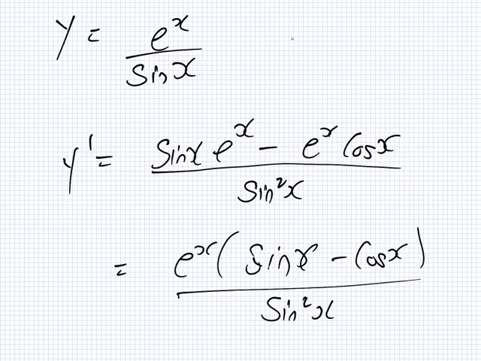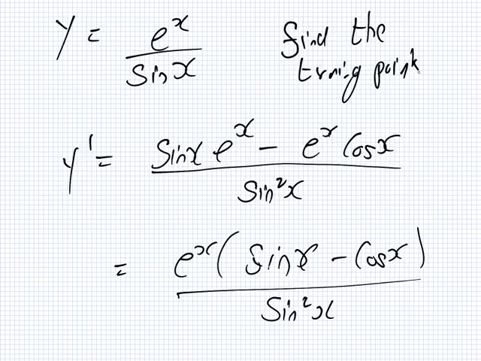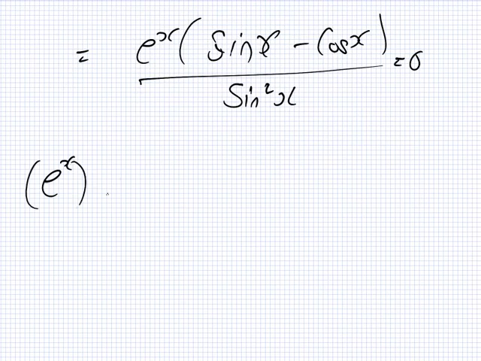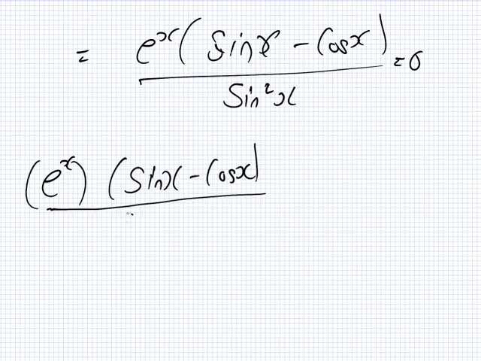So, if I said to you, find the turning points, what would you have to do next? Equals 0. Now this is actually interesting because you have e^x (sin x minus cos x), nearly the same, except we just have to be very careful here.